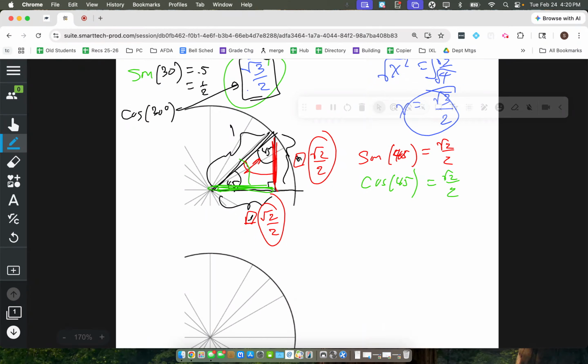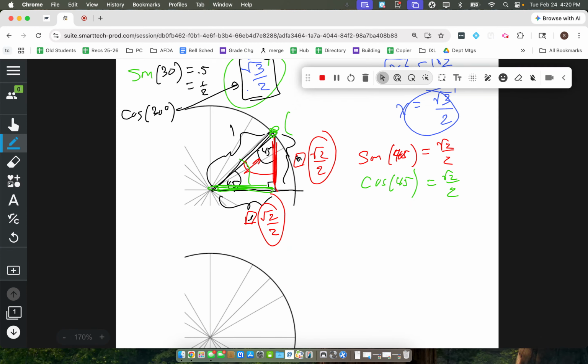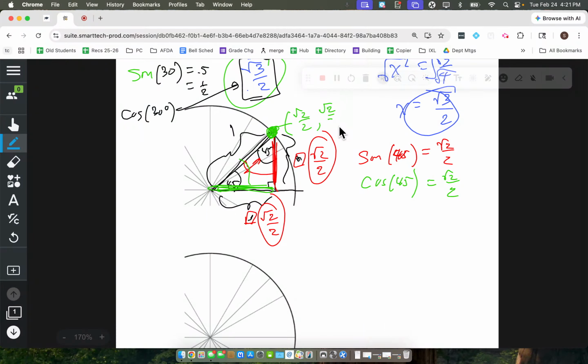It's 1. Okay? And these values are linked with the coordinate point that is on the unit circle right there at the 45-degree angle: root 2 over 2, comma, root 2 over 2. All right? And they're all positive because we're in quadrant 1.